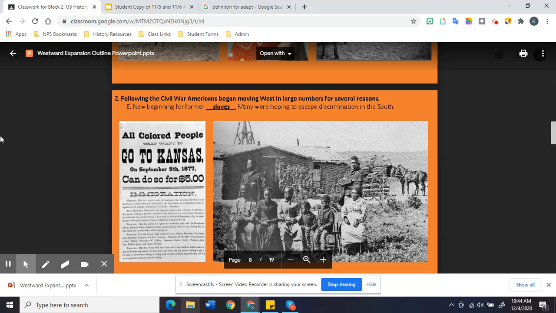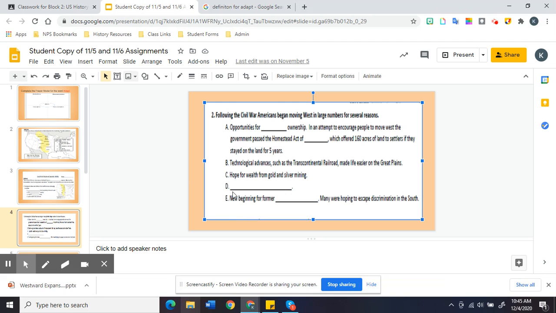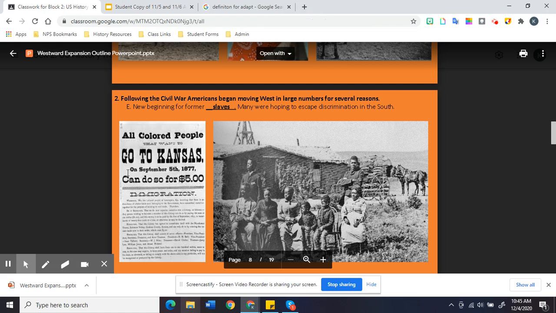And this says all colored people that want to go to Kansas on September 5th, 1877 can do so for $5, which is still cheap considering what they were doing, but not really cheap for back then dollars. So we got a new beginning for former slaves. Many were hoping to escape discrimination in the South.